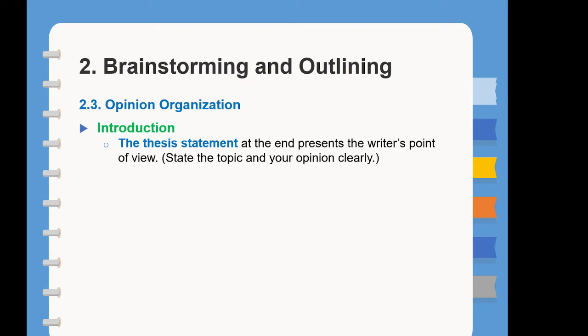You see here, state the topic and your opinion clearly. Whether you agree or disagree, it states clearly, whether you agree or disagree to the controversial issue or to the topic.